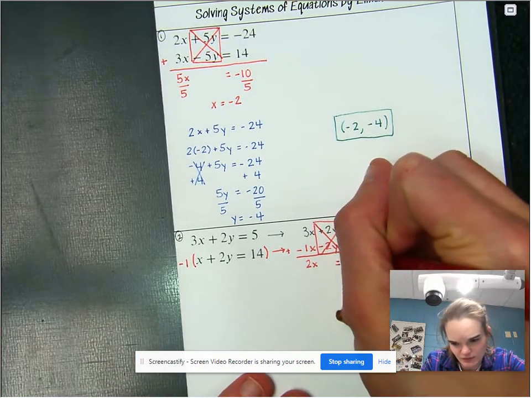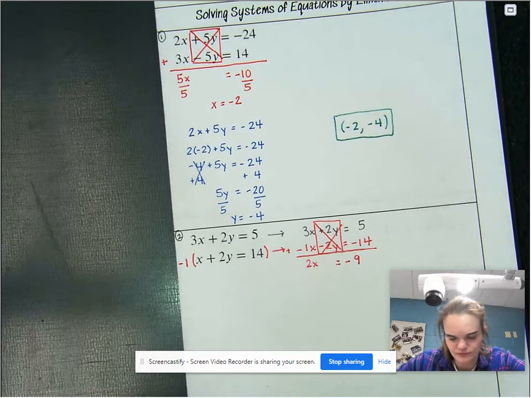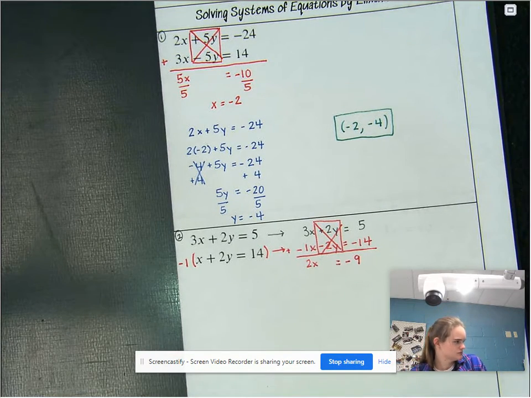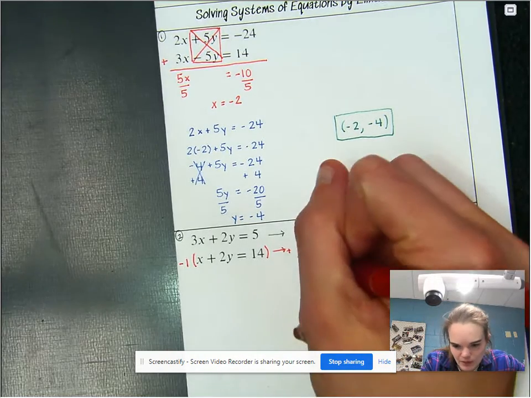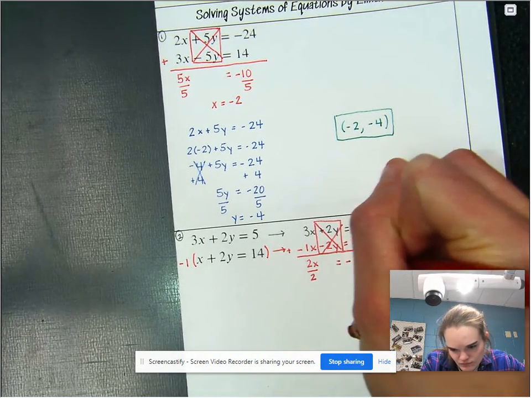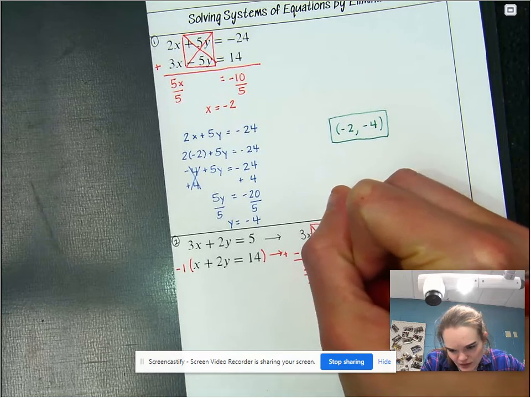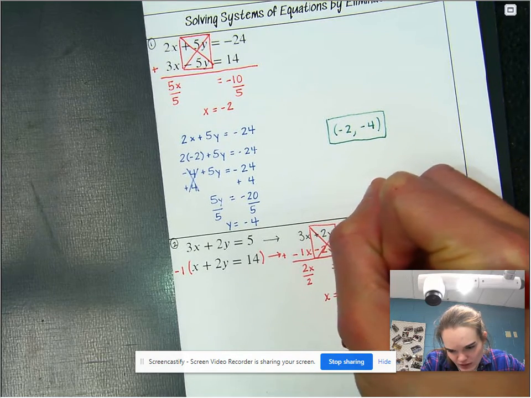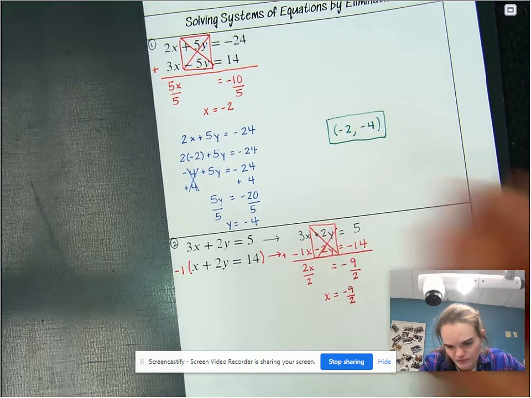Yes, negative 9. Divide by 2. And x equals negative 9 halves.